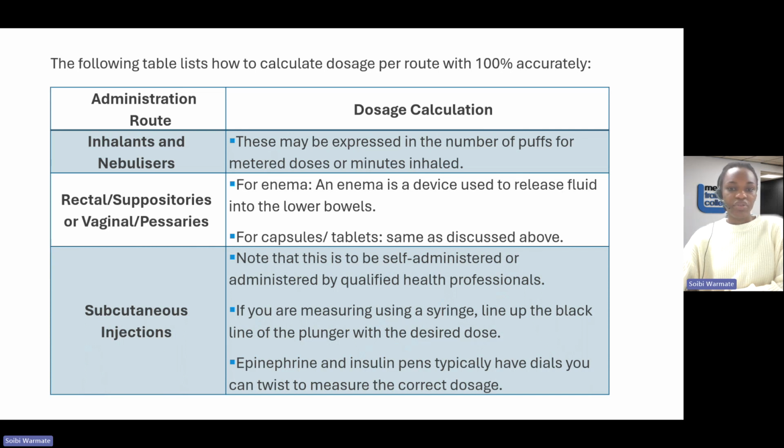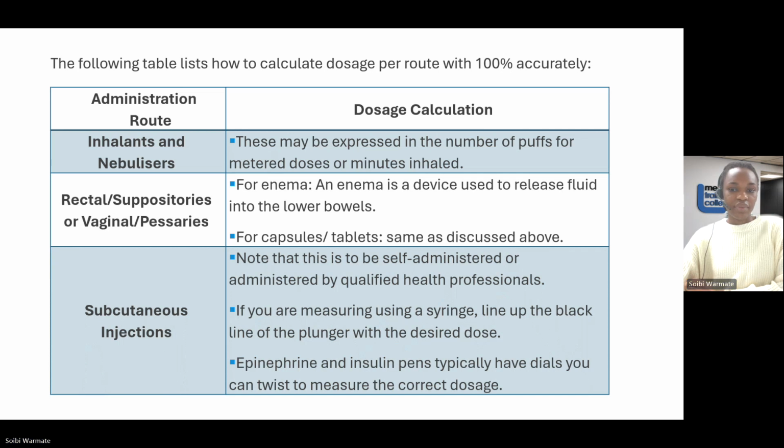We have the rectal or suppository. Enemas are not devices, they're medications used to release fluids into the lower bowels. They come in capsules or in liquid form. We have subcutaneous injections. Note that this is self-administered most of the time, or can be administered by qualified health practitioners, mostly registered nurses.